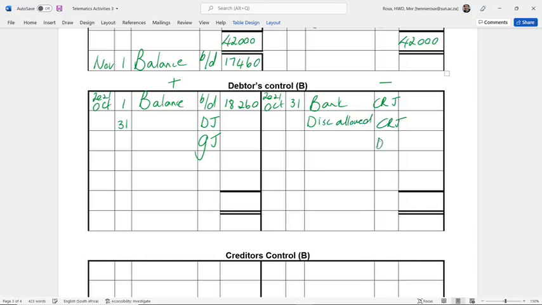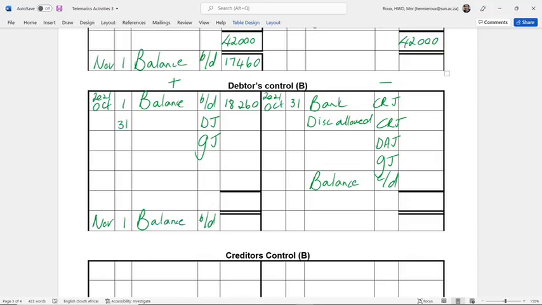They will decrease when they return goods in the DAJ. And then we have the general journal. We know the debit side must always be more than the credit side. Therefore, we know we will have the balance carried down, and then November the 1st, we will have the balance brought down.